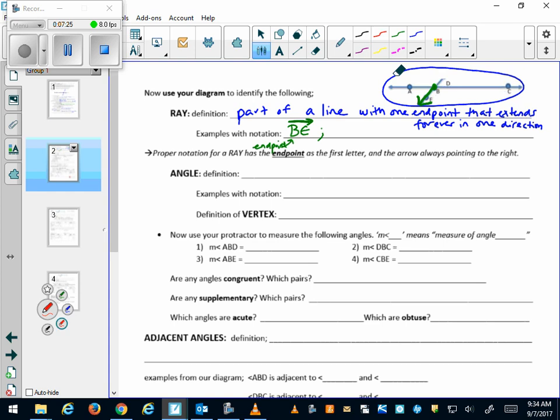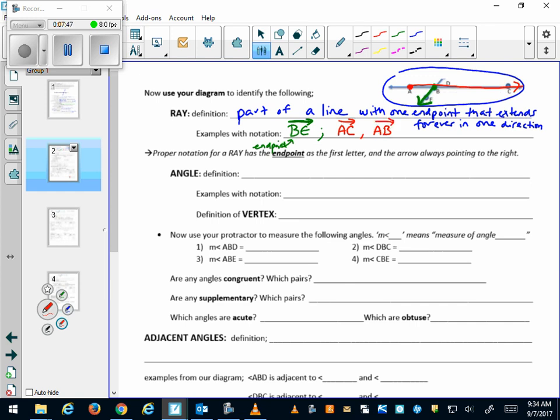Let's take another example, like ray AC. Ray AC starts at A, then goes through C, and continues forever. But there's another way to name that ray. You could call it ray AB.